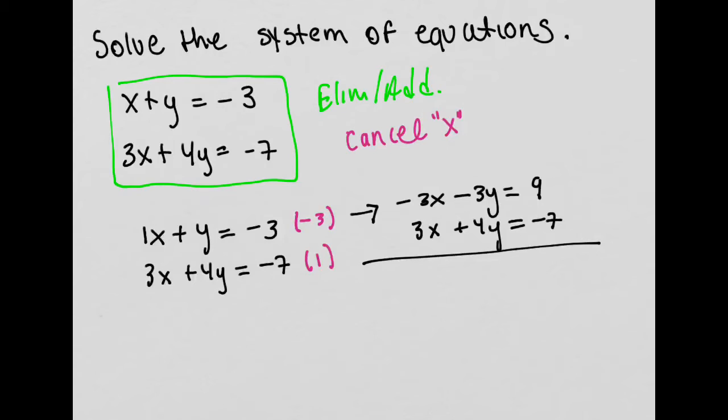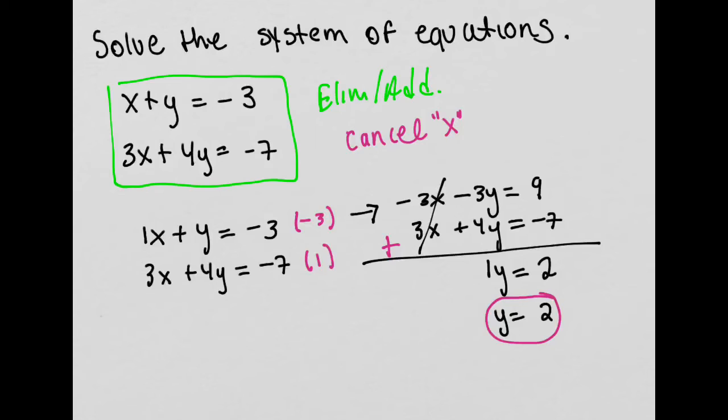And then I'm going to go ahead and add. Okay, so -3x plus 3x cancels, which is what I wanted. -3y plus 4y gives you +1y equals 9 minus 7 gives you a +2. This tells me that y equals 2. So I have found the value of y.